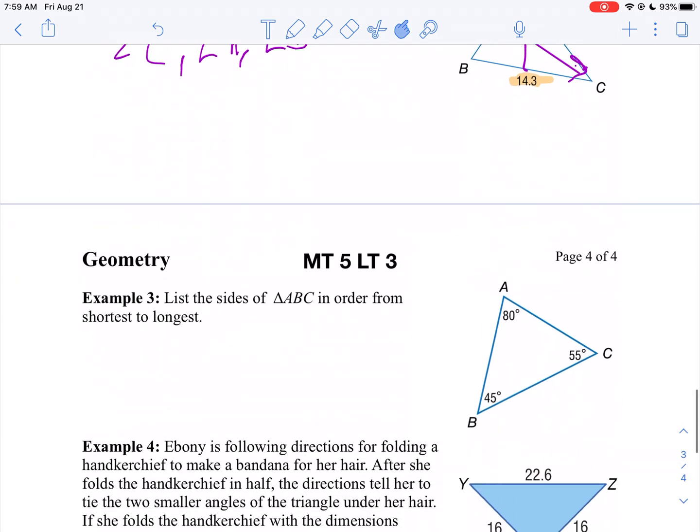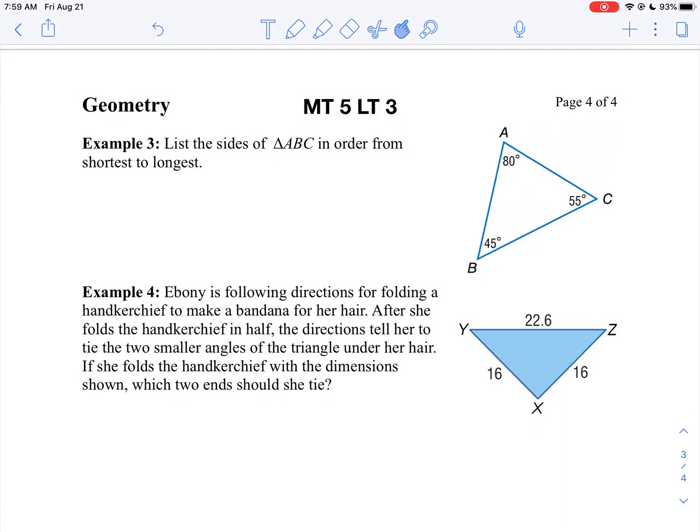Now, if we do that conversely, that is, if I'm given the angles and I want to list the sides from shortest to longest, I start with the smallest angle. My smallest angle is 45 degrees. What side is opposite that? What side is across from that? Well, that's side AC. Then I go to the next biggest one.